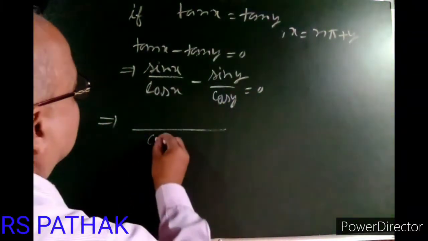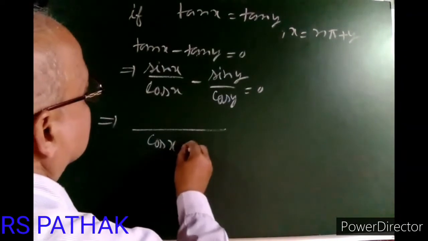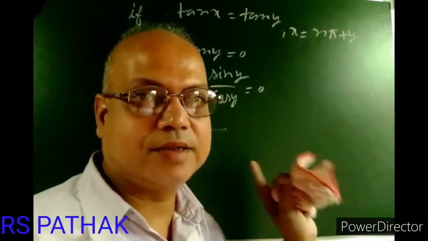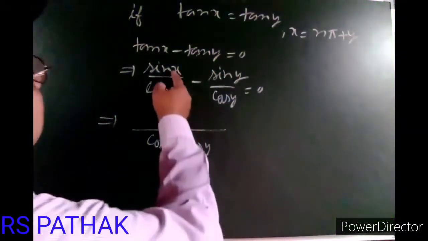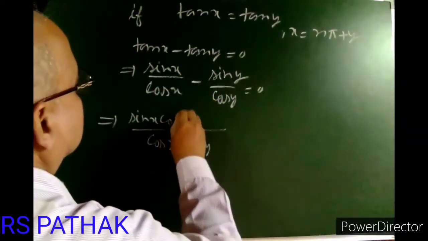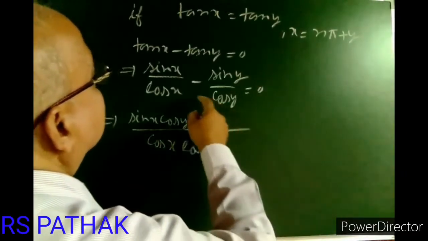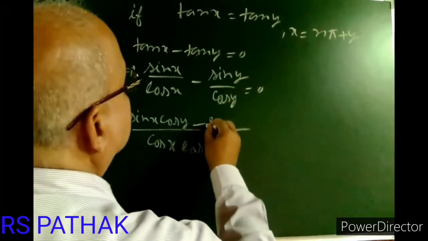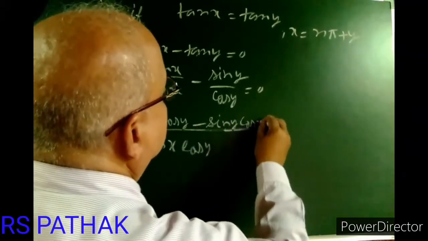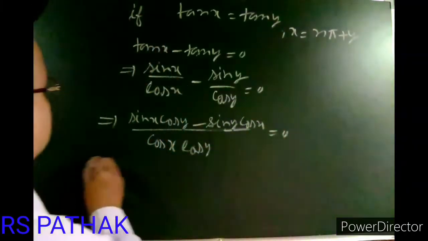cos x cos y is LCM. Now sin x cos y minus sin y cos x is equal to 0.